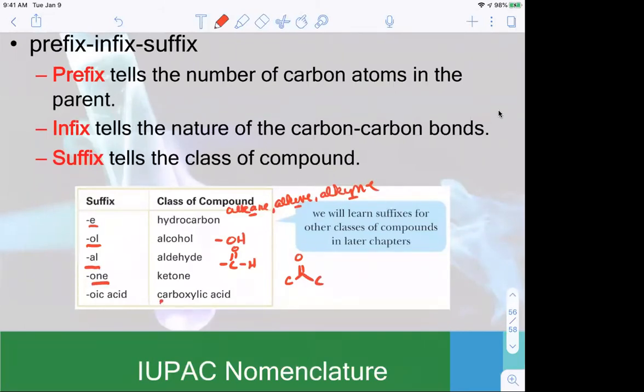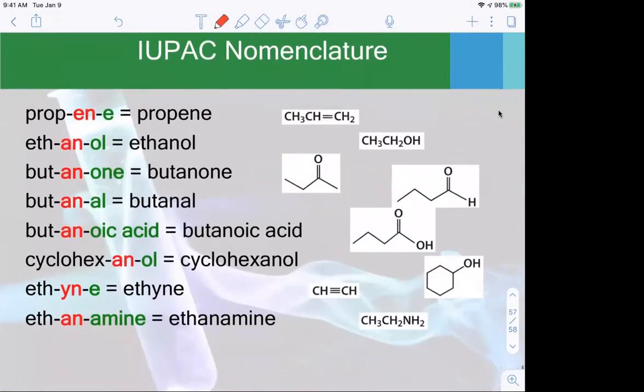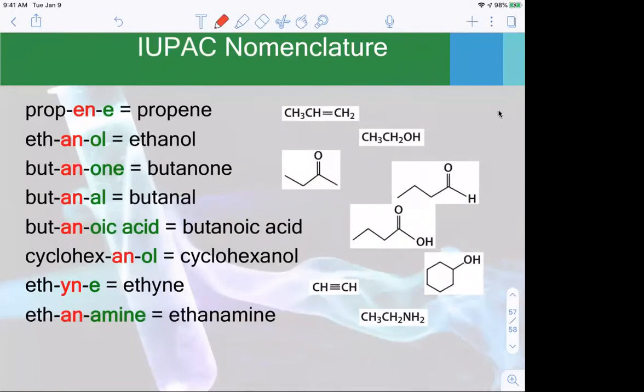And then if I have oic acid, that's going to be my carboxylic acid. And these suffixes actually will indicate which class of compound this molecule is going to belong to. Here are some examples.